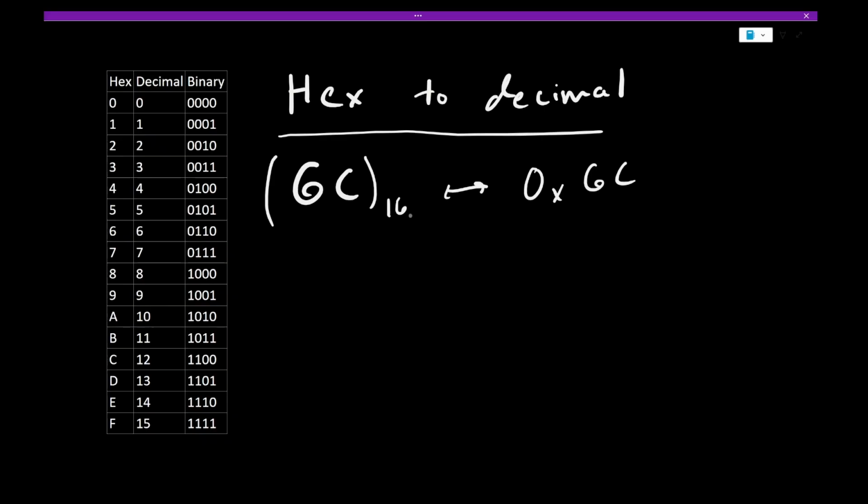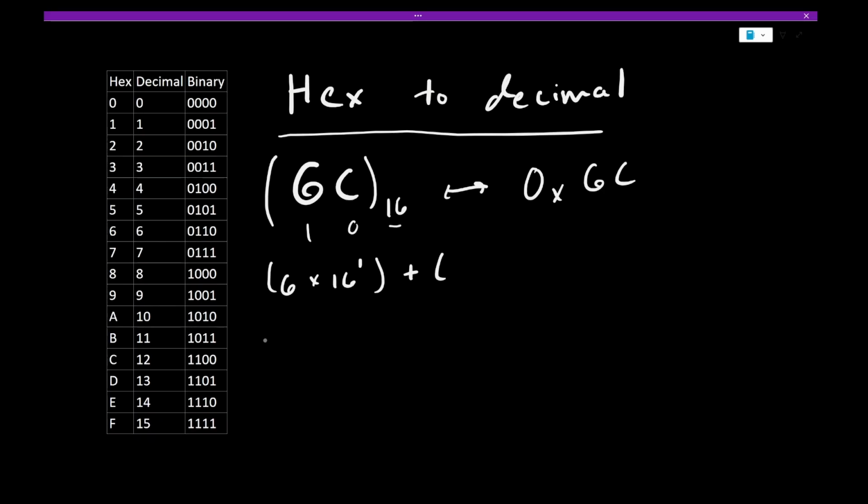So first, let's count the columns here. This is column number 0, because we always start counting at 0, and this is column number 1. Remember, those are going to be the exponents of your base 16. So let's start on the left. We have the number 6 times base 16 to the power of 1, plus C, but C is obviously not a number, so it's not going to work for multiplication.